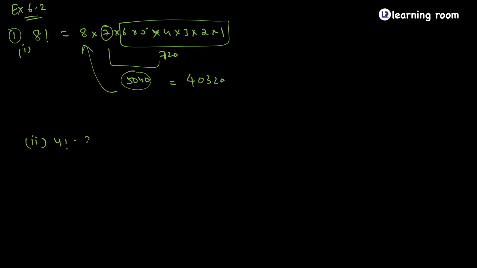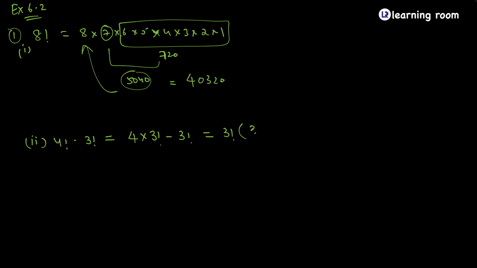What about the second problem? 4 factorial minus 3 factorial. Whenever you have these kinds of problems, look at the highest factorial and the least factorial. Try to write the highest factorial in terms of the least factorial. You should write this as 4 into 3 factorial minus 3 factorial. You'll take 3 factorial common.